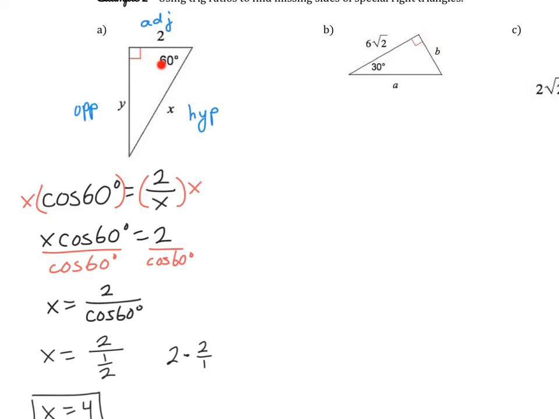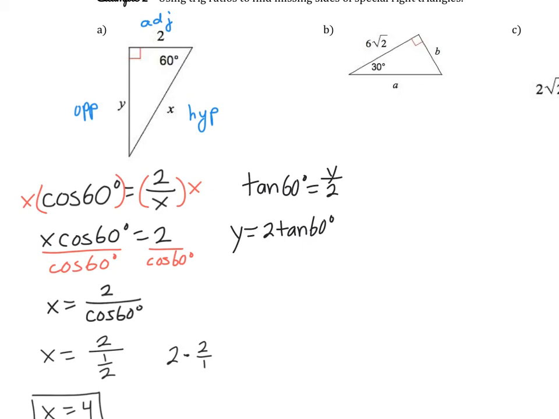Again, we look at our angle and ask, which trig ratio involves opposite and adjacent, the value we know? That would be tangent. So we say tangent of 60 degrees equals y over 2. Multiply both sides by 2.